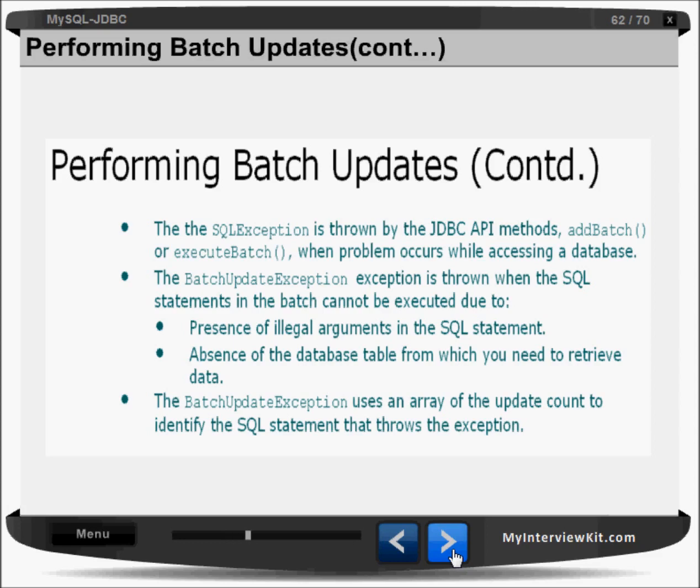The BatchUpdateException is thrown when the SQL statement in the batch cannot be executed due to the presence of illegal arguments in the SQL statement, right? Or the absence of the database table from which you need to retrieve data. So BatchUpdateException uses an array of update counts to identify the SQL statement that throws the exception.